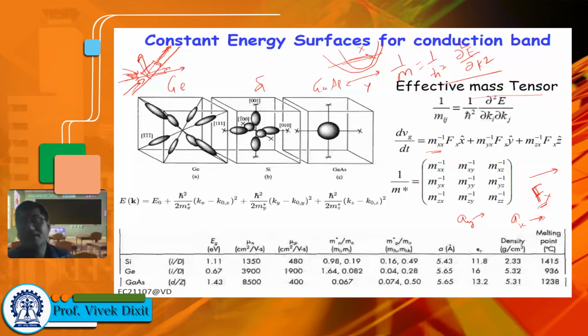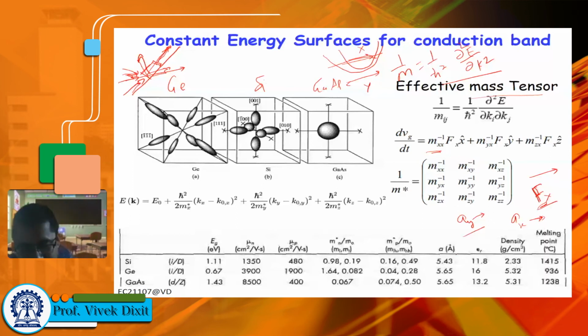Similarly, in the crystal, due to this periodic potential, electron can move in a direction which is perpendicular to the force. So it will have a certain component along the direction of force, or qE, and a certain component in the direction perpendicular to the force also. It is possible, right? So if you apply force in x direction, electron moves in y direction.